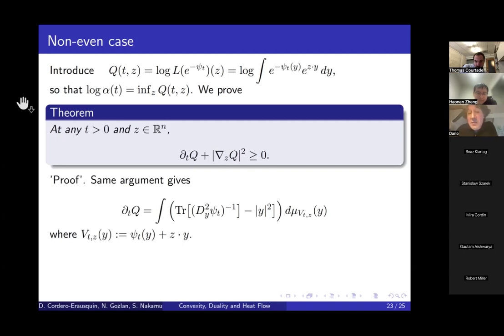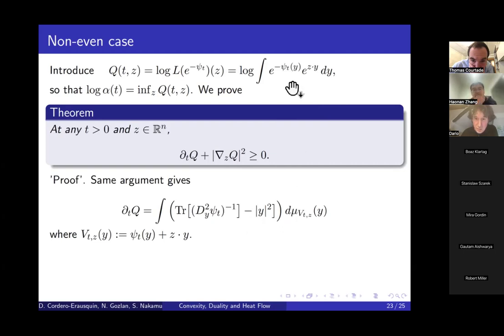You more or less do the same thing as before. You have this log of this integral, and you compute the derivative, using the formula for the derivative of psi t, so the trace of the Hessian of psi t minus 1 minus y squared.